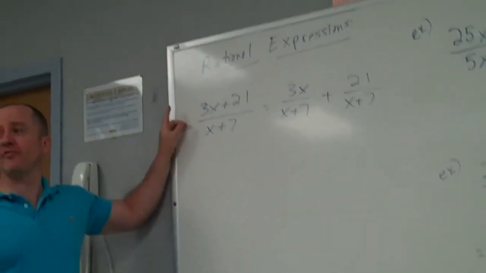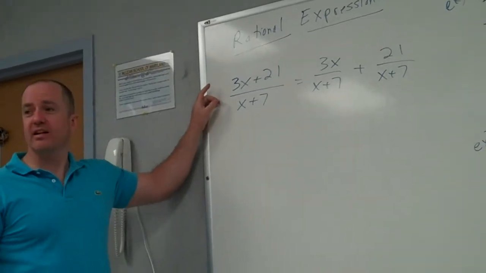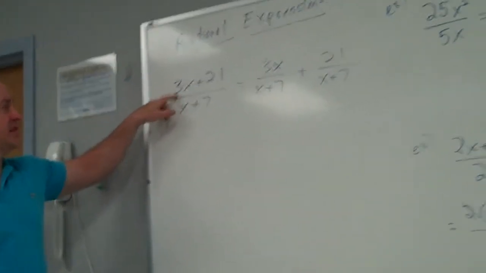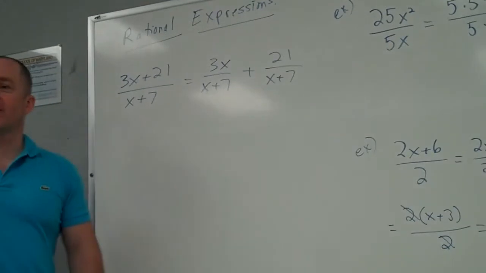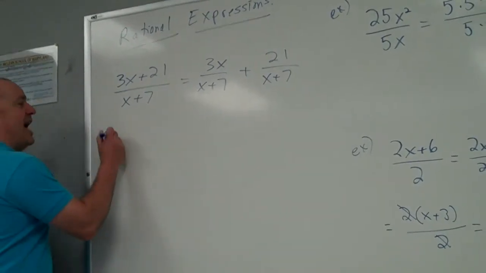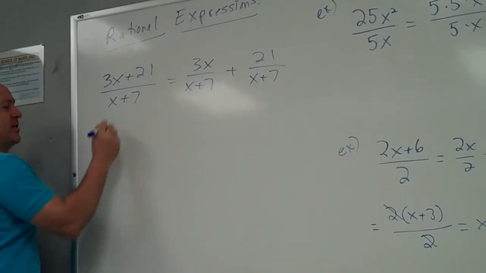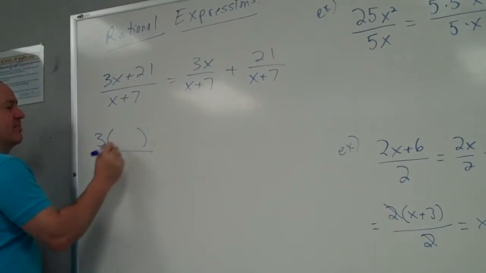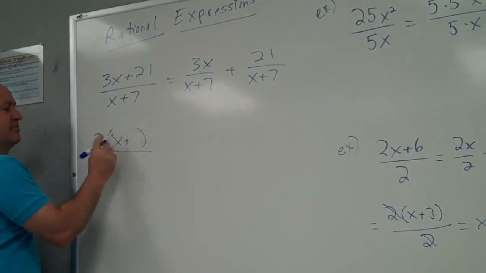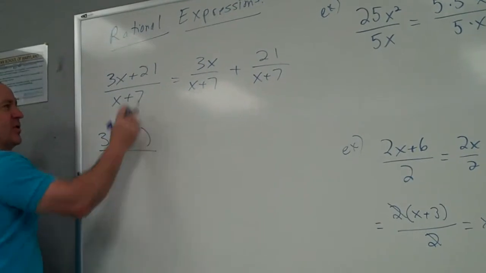If we just think in terms of factoring, what is the largest number that goes into 3 and 21? 3. Yeah, after I pull the 3 out of 3x plus 21, it's 3 times x plus what? 21. No, 3 times 21 would be 63.